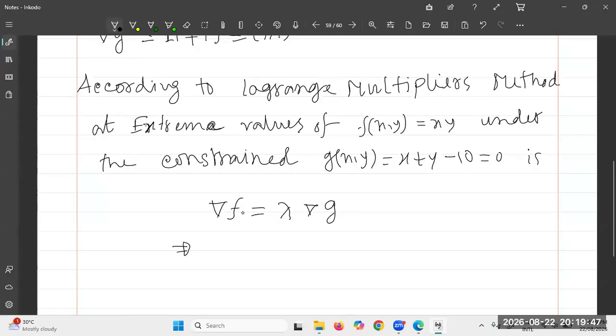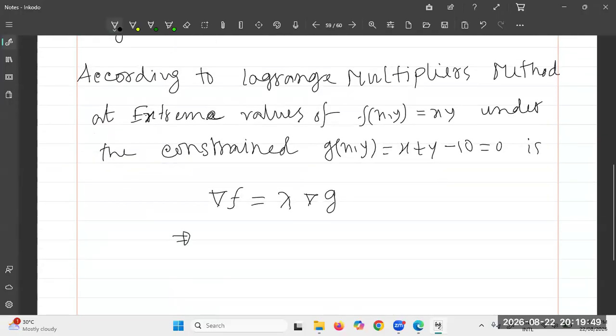Gradient of f, we have calculated, is y comma x. So y comma x is equal to lambda times gradient of g, which is 1 comma 1. So basically 1i plus 1j.